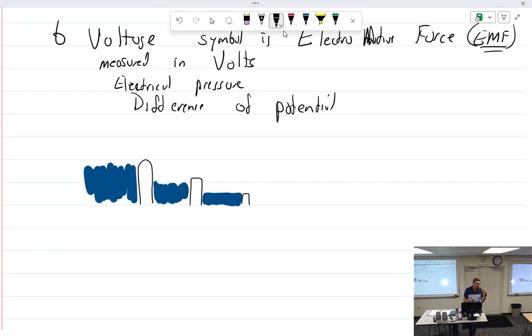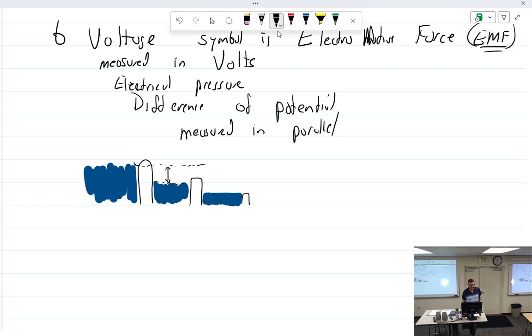So that's why when we use voltage, we have to measure differences, and we're doing it in parallel, not in series. So difference in potential, and it's measured in parallel. The difference between this water and this dam and this water and this dam would be the pressure between the two.